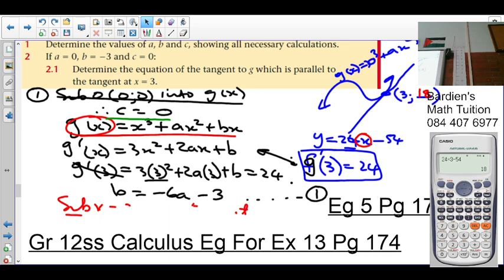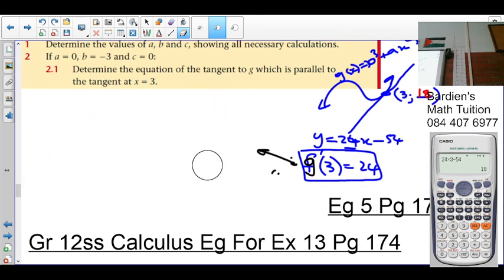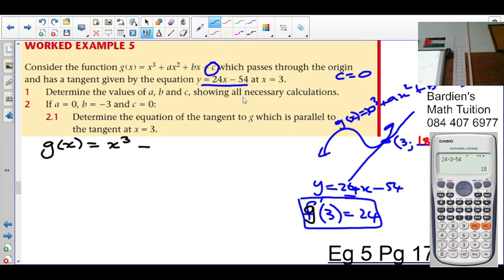Oh, that was only given in the second part of the equation. So that basically confirms my calculation, and my calculation is correct. So my equation now reads g of x is equal to x cubed minus 3x.